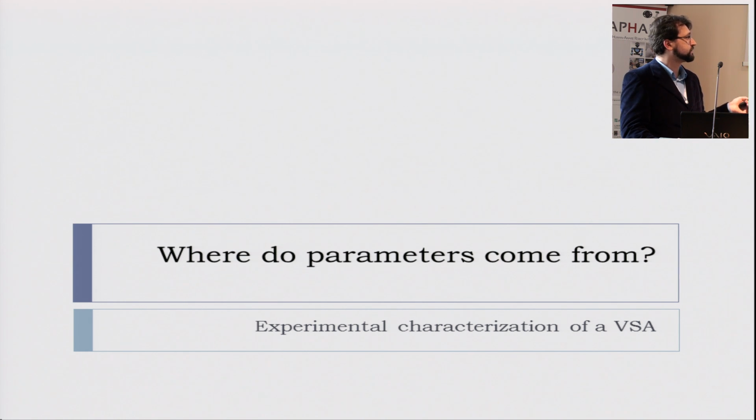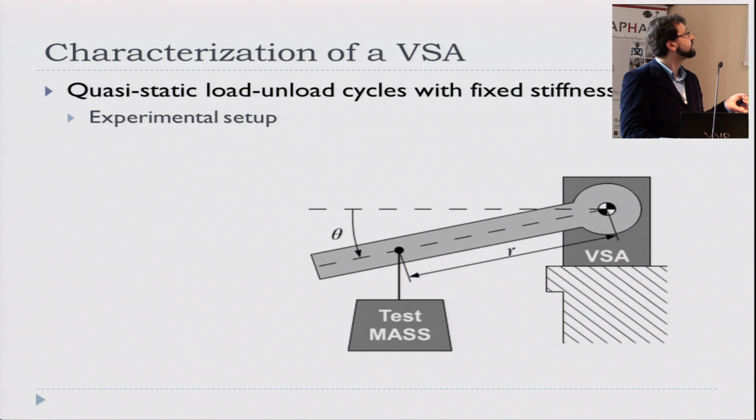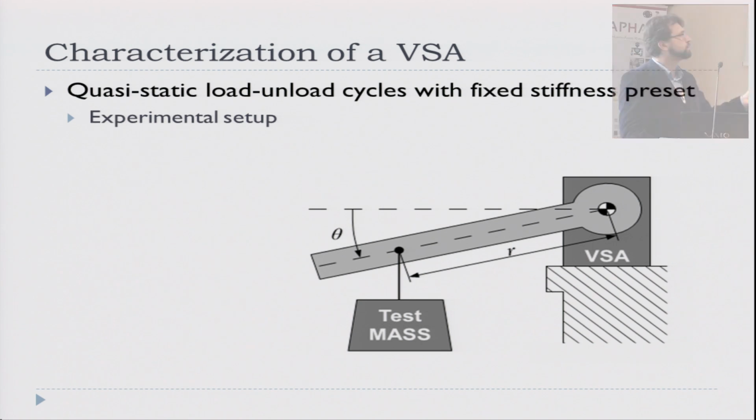What I can do is an experimental characterization of a VSA. We are not going all through the experimental characterization, but there are a couple of very basic and fundamental tests that you can make on a variable stiffness actuator to characterize it. One is the quasi-static load and load cycles.